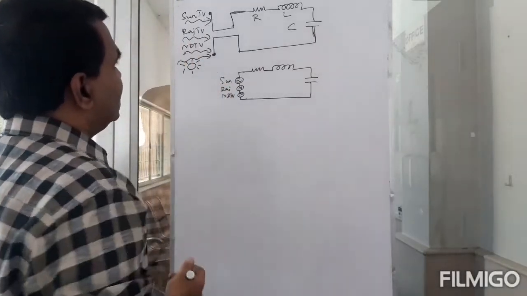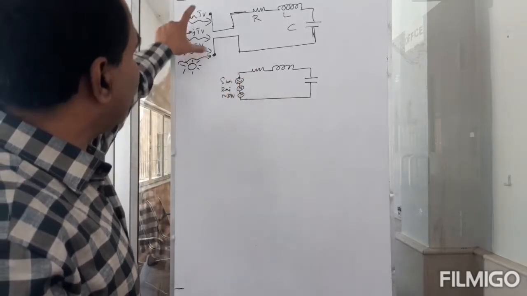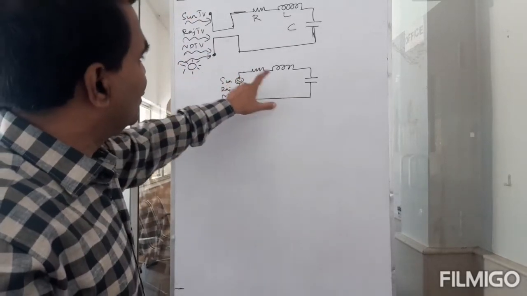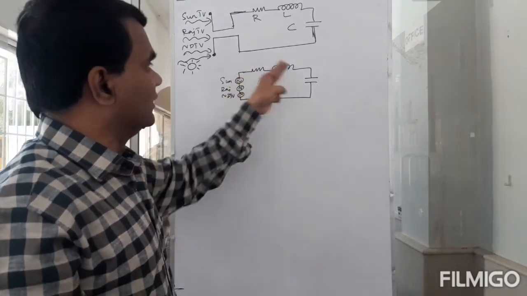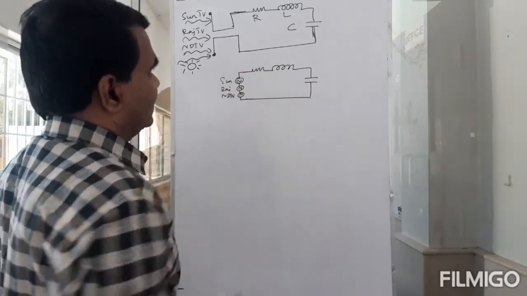Okay? So all these signals, all these different signals, will try to send their own current in the circuit. So this is equal. Okay?